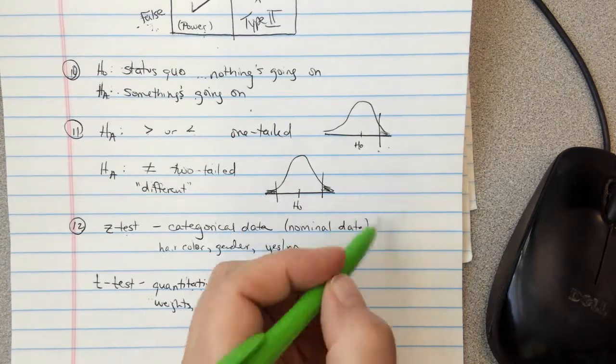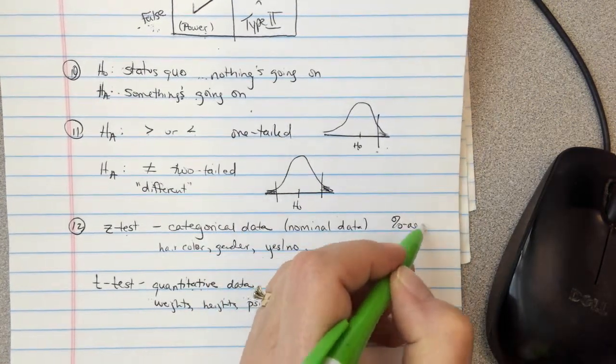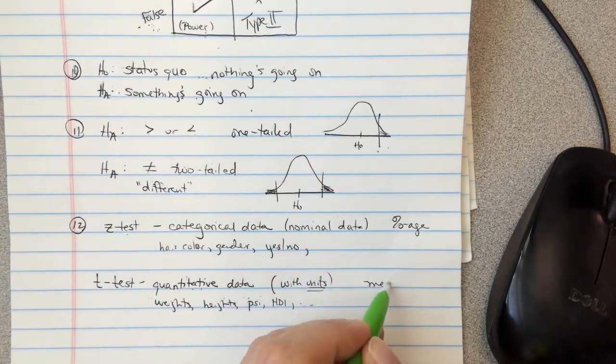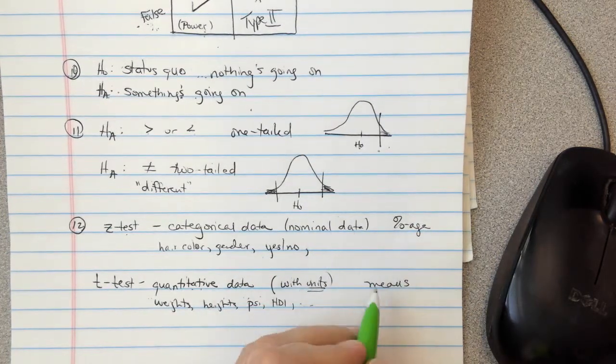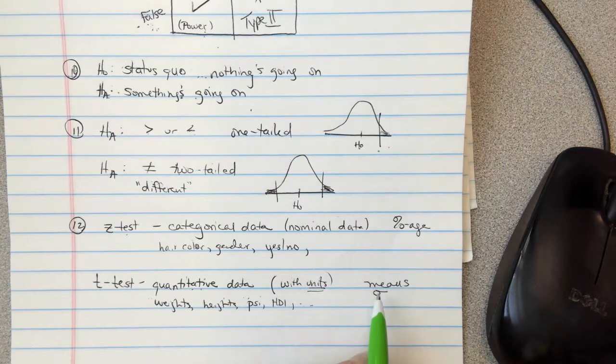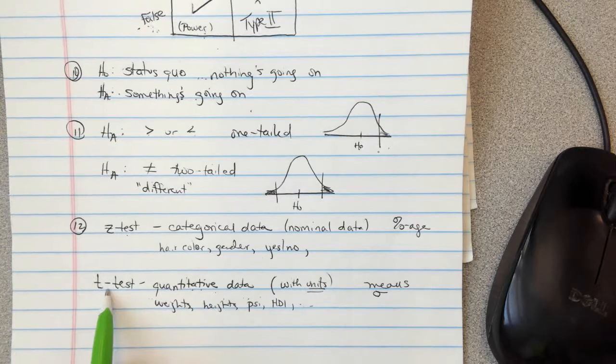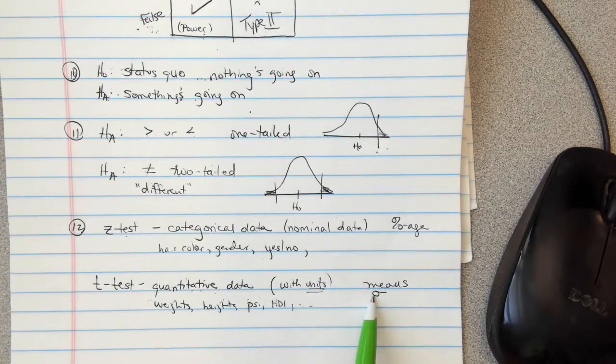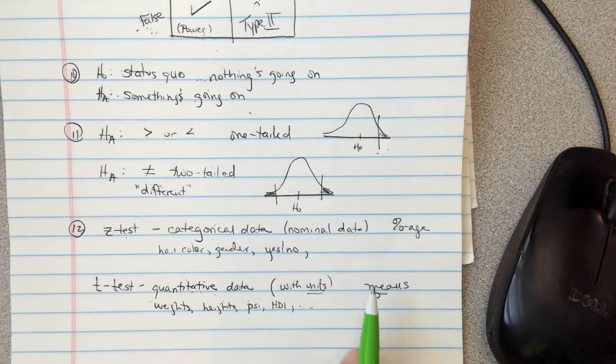Because categorical is about percentages, and quantitative is about means. And the problem with quantitative is you never really truly know your population standard deviation, and so you have to estimate it here, and the t-test allows for the estimate you have to do for your standard deviation.